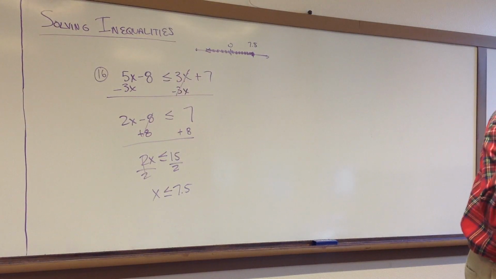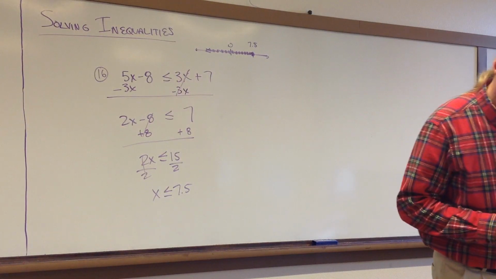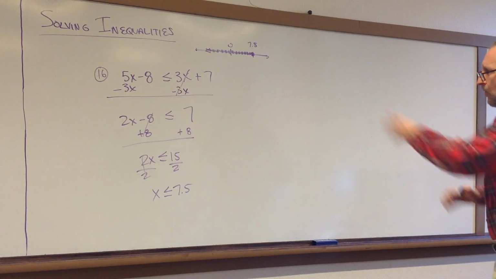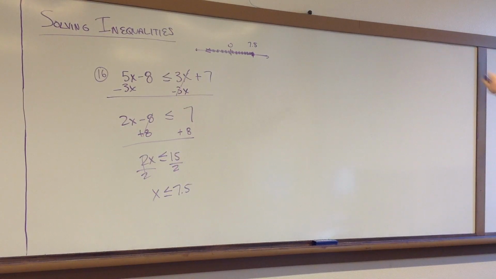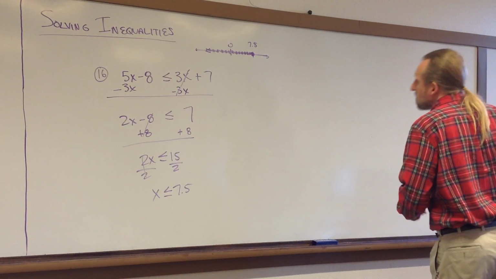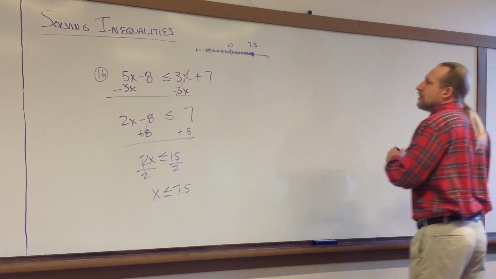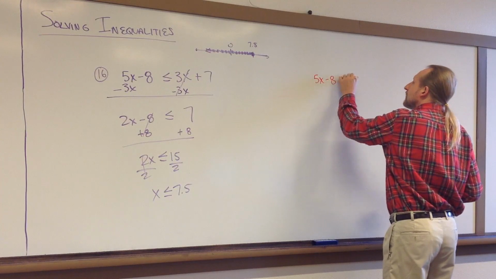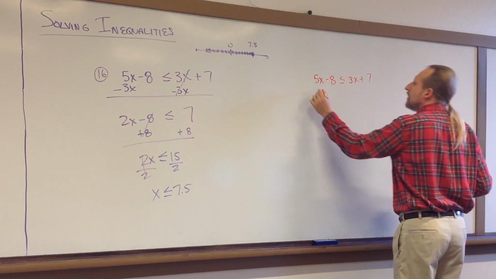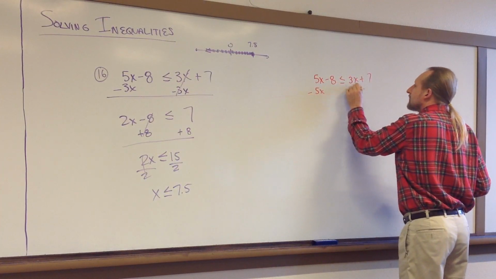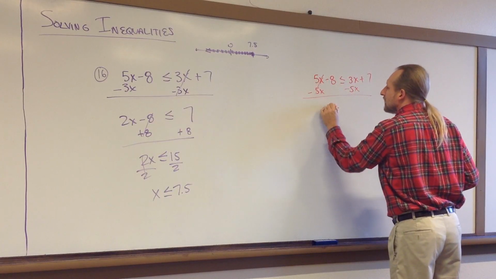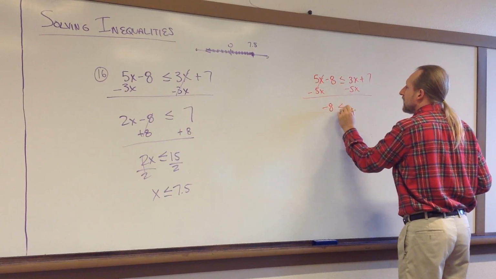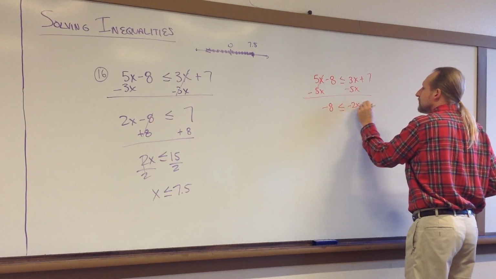Okay, let's see here. What else? Let's take a look at this one. What if I had moved the 5x to the other side? What if I did it the other way? We should still get the same answer. So 5x minus 8 less than or equal to 3x plus 7. If I subtract the 5x on both sides, don't lose that negative sign with the 8. That'll be negative 2x.